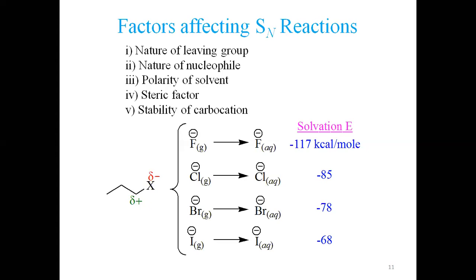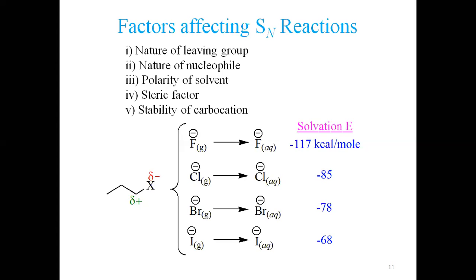In a group, if we are moving down the group, the better the leaving group it becomes than the upper one. Let's say if nitrogen is leaving in the form of NH2, it is very rare. But if it is a phosphorus compound, then it can leave more easily.